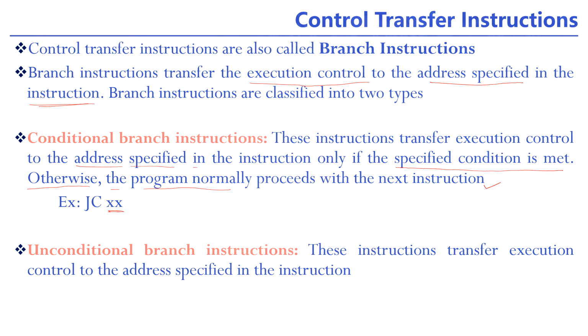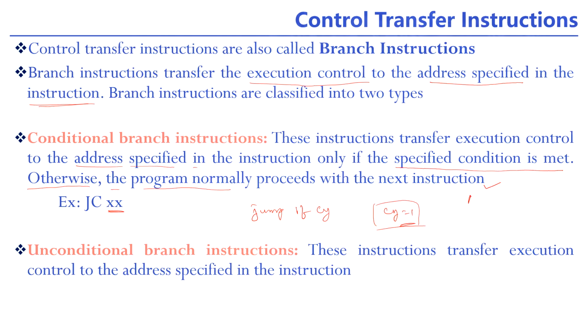XX is the destination instruction address when this condition is met. For example, JC stands for jump if carry. That means it checks whether carry is equal to 1.